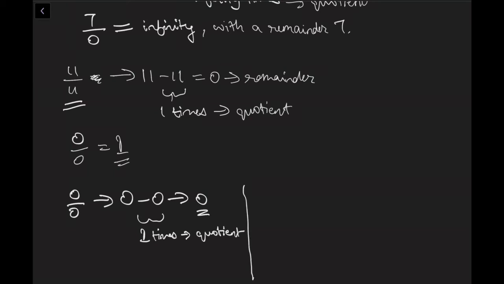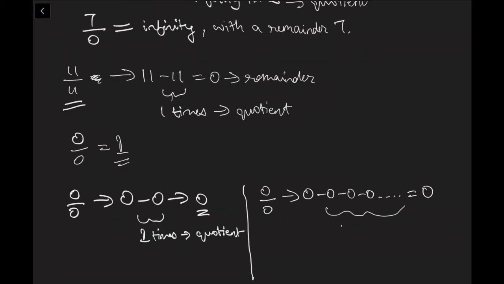But we could think about it in a different way, and we could also write 0 divided by 0 as 0 minus 0 minus 0 minus 0, any number of times, because that answer is always going to be 0, and you're always going to get a remainder of 0 no matter how many times you subtract 0 from 0.